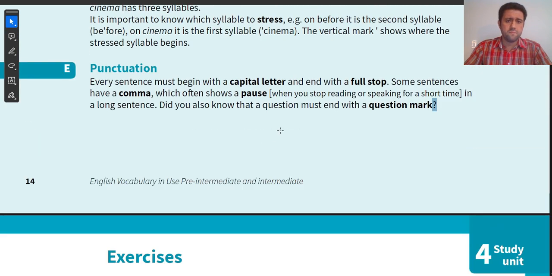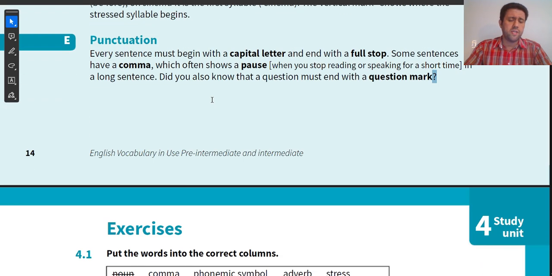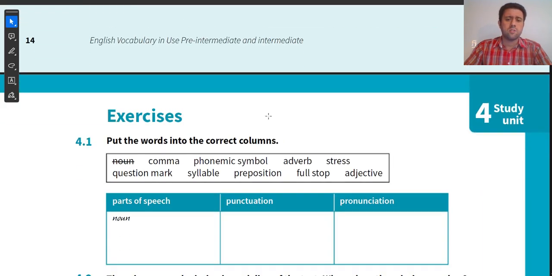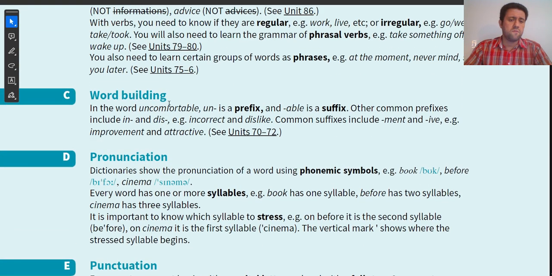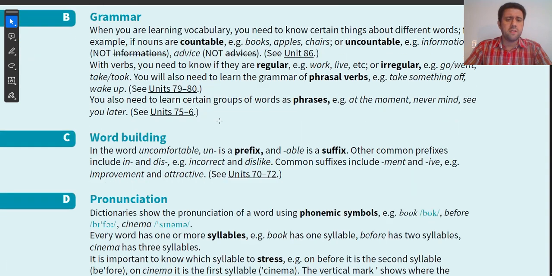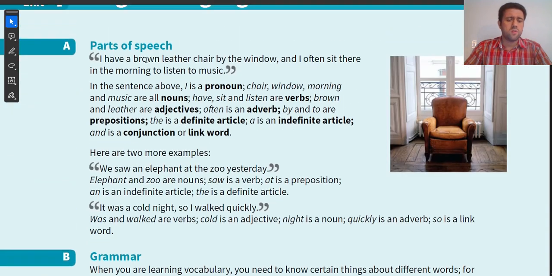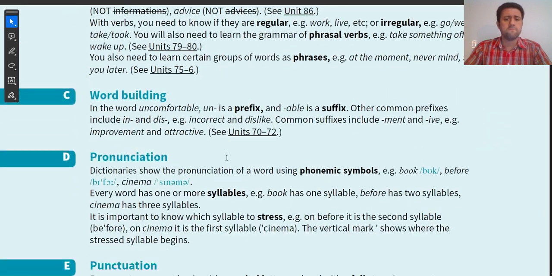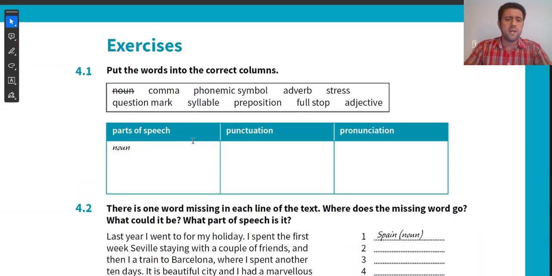Here, comma is related to punctuation. And you can actually find grammar or parts of speech. These words are related to parts of speech, and you can easily do this exercise and the rest.